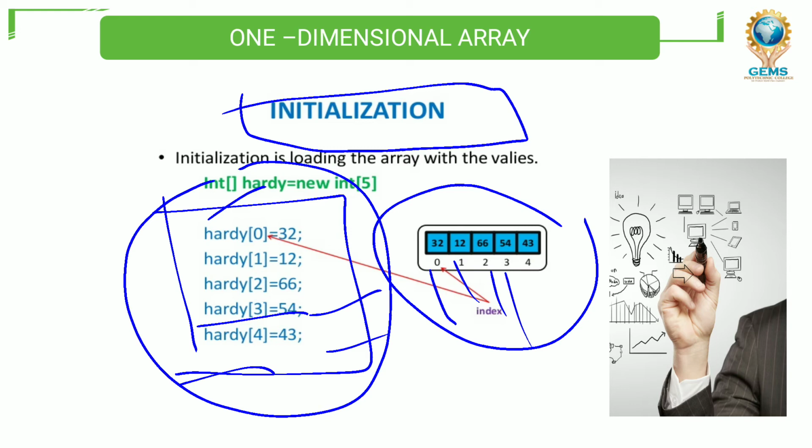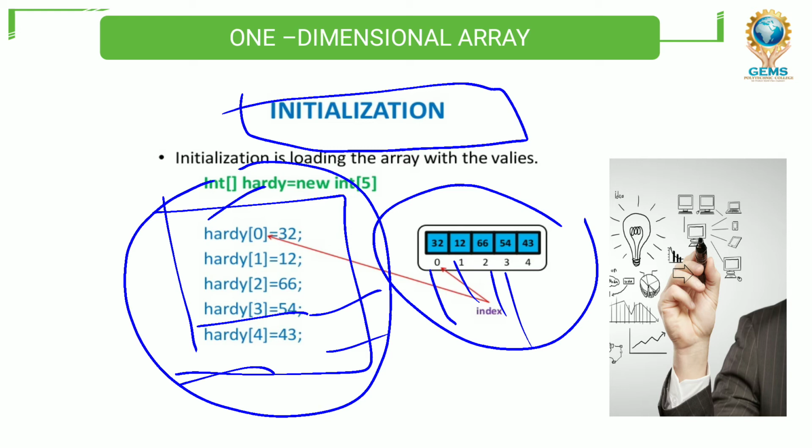So initialization can be done in 2 ways: what we discussed in the previous slide and what we are discussing in this slide. I hope you understand clearly. The first way is what we have seen in our previous slide, and the second way is what we discussed in this slide.